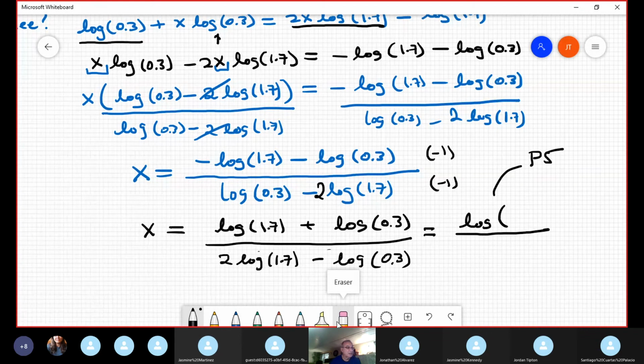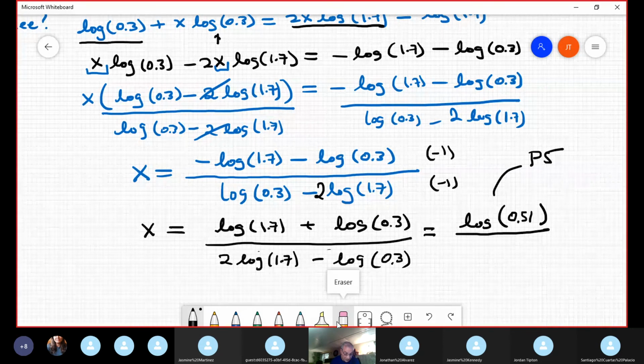So for condensing, apply property number 5. The number inside here is the multiplication 1.7 times 0.3, which is 0.51. What comes from 0.51? I put in my calculator 1.7 times 0.3. Boom, 0.51.